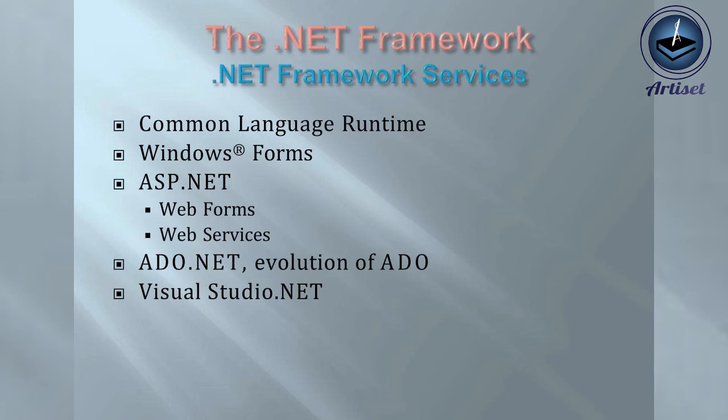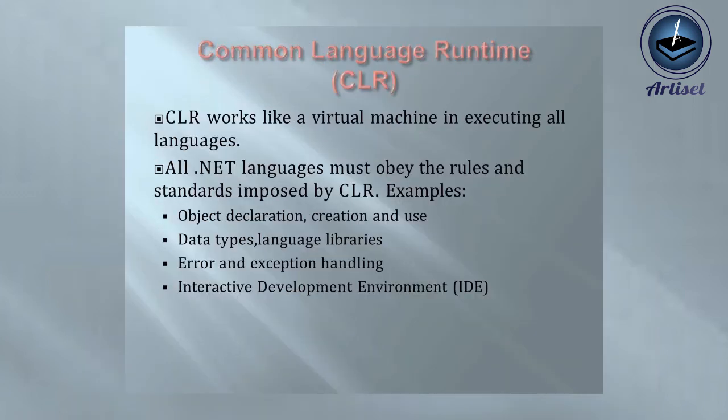Then the base class library internally calls CTS and CLR. What are CTS and CLR? CTS means common type system, and CLR means common language runtime. Suppose you declare any variable like a string variable or a character variable.